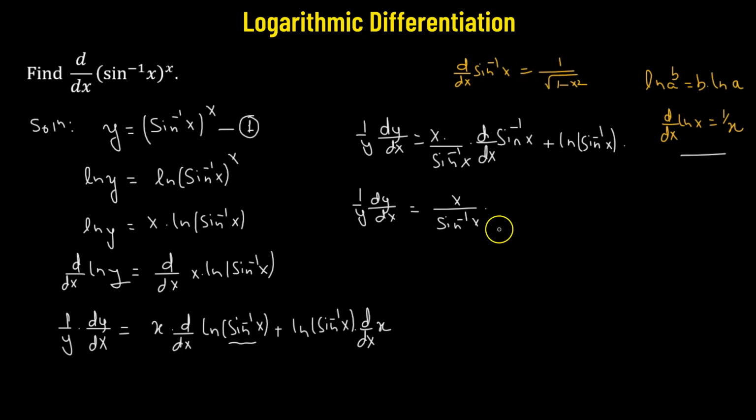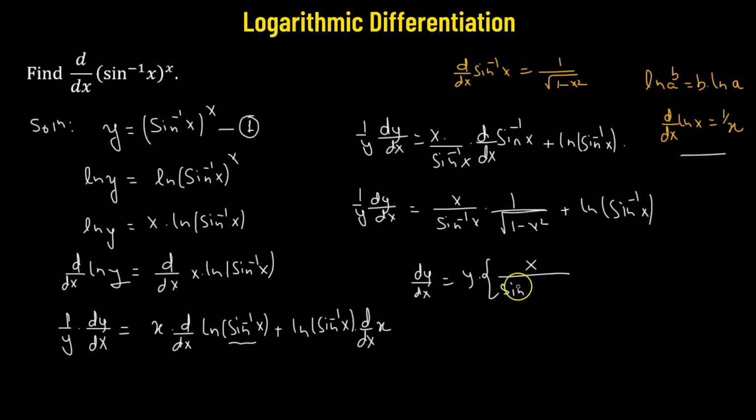So that means we have 1 divided by square root of 1 minus x squared, plus log of sine inverse of x. Now we'll multiply both sides by y, which gives us dy over dx equals y multiplied by x divided by sine inverse of x times square root of 1 minus x squared, plus log of sine inverse of x.